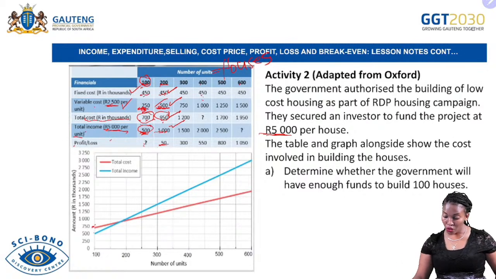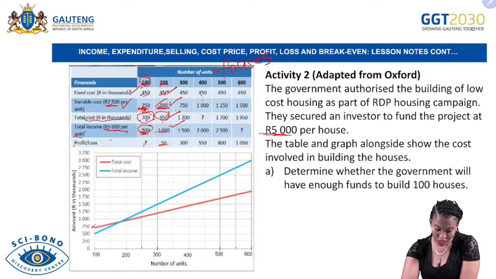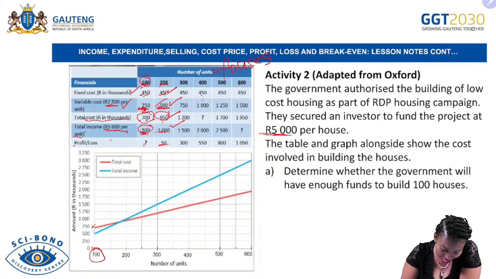So A, you must determine whether the government will have enough funds to build 100 houses. So let's go to our tables and see. You don't even need to go to your table. You can even look at the graph. At the graph, this is 100 units here. And then what is the income? The income is the blue graph. The income is here.